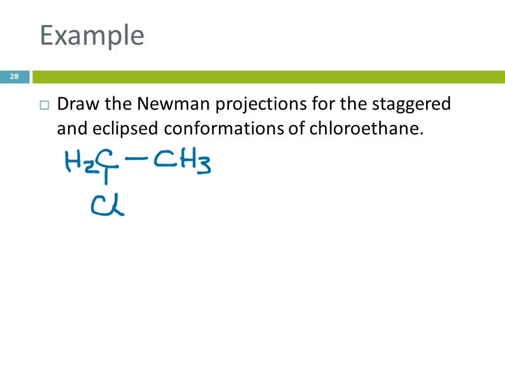So the Newman projection, we're going to take and draw a circle. I could cheat and use the circle thing, but I'm not going to. And so our carbon is right here in the middle, and then what we're drawing here are the 3 things that are attached to the carbon.